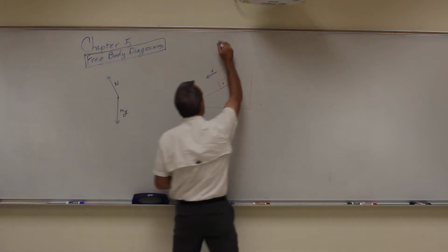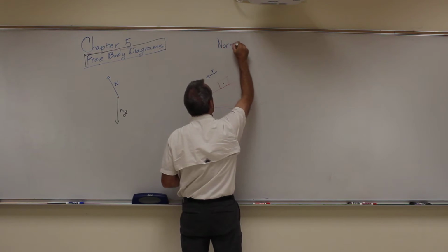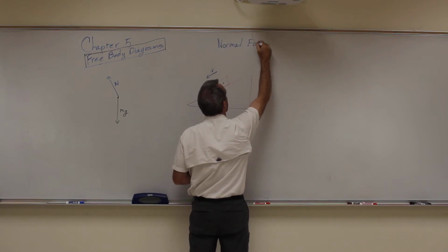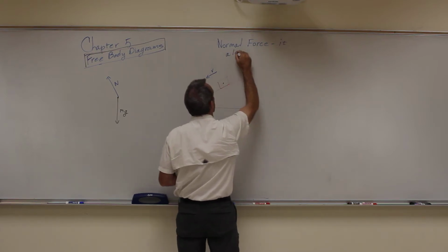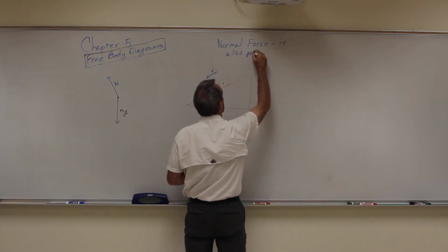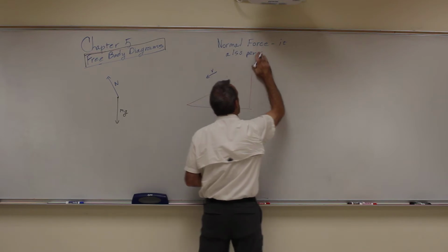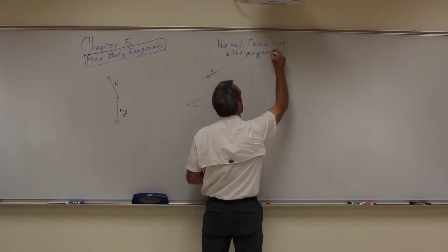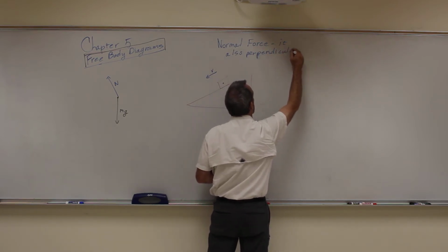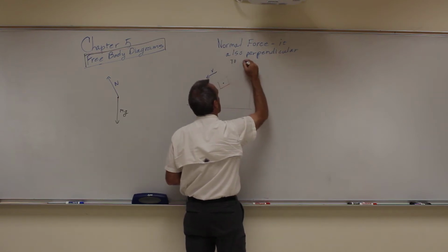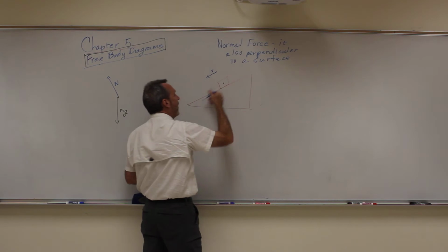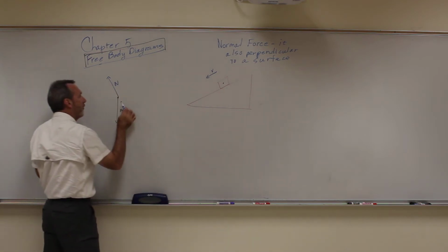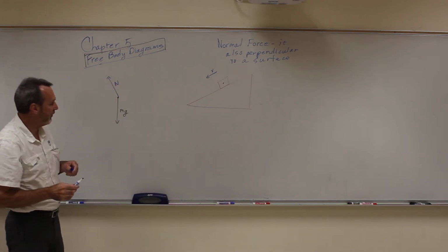And remember, a normal force is called a normal force because it is always perpendicular to the surface. And so in this case, our incline is this way, so the normal force is perpendicular to that surface.